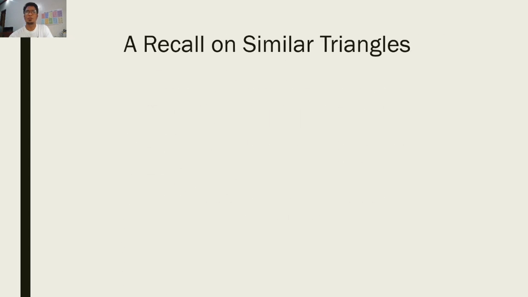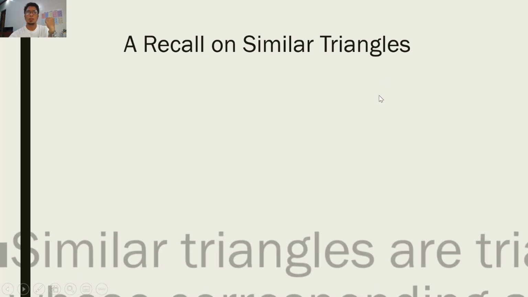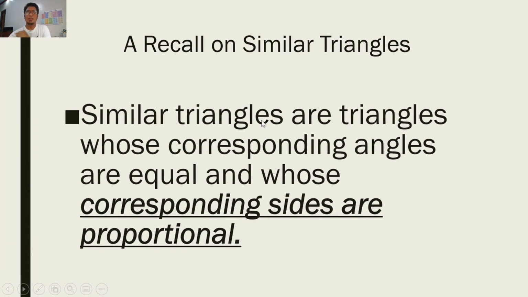So, let's start first with a recall on similar triangles. Kailan nga ba natin tinatawag na similar yung triangles po natin? So kung natandaan po natin, similar triangles are triangles whose corresponding angles are equal and whose corresponding sides are proportional. Now if you notice, I have put an underline at saka binold ko rin yung words natin dito sa corresponding sides are proportional.